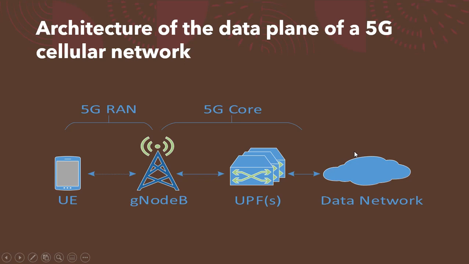Base stations communicate with each other via X2 interfaces, or logical connections, which normally run on a wired network. The data plane of the core network consists of one or more user plane functions that provide the interconnection between the RAN and a data network.